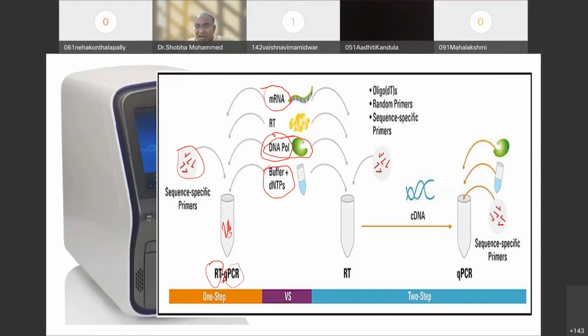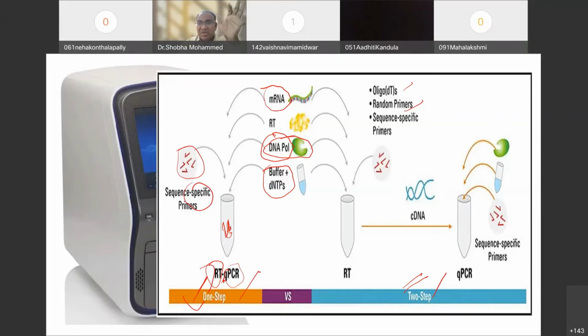And then in the two steps, you see here, I have the oligo dT primers. Random primers I am going to add here. Not one; here I am going to add the specific primers for the one-step PCR. This is one important difference between one-step PCR and two-step PCR.